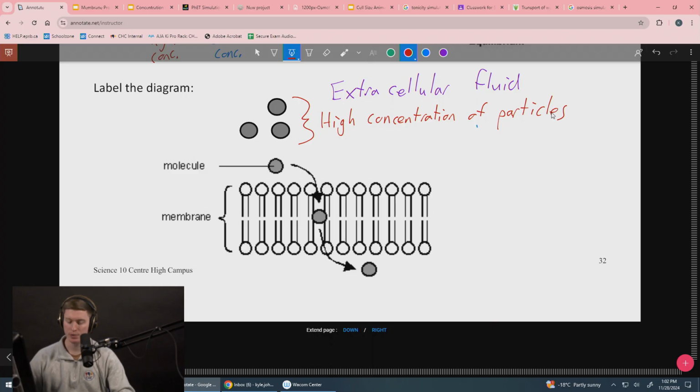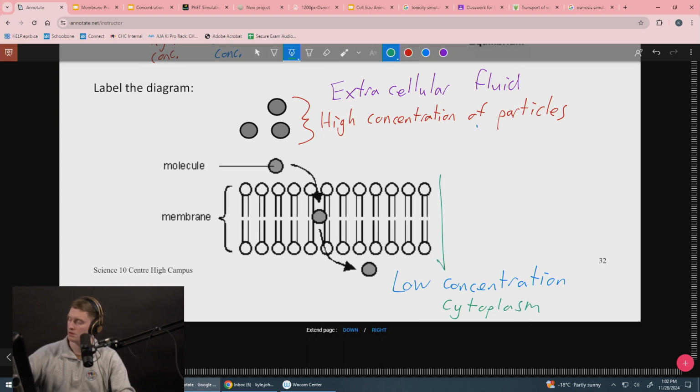And then these particles are going to diffuse across the membrane to an area of low concentration. And this movement into the cytoplasm is diffusion.